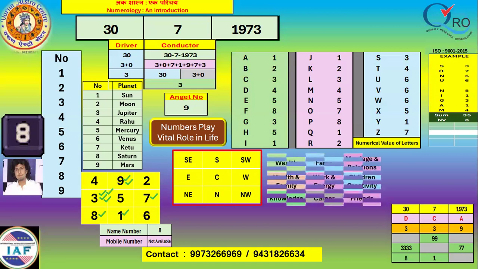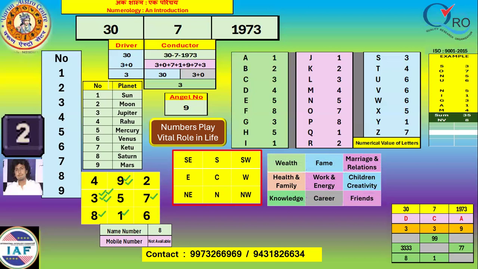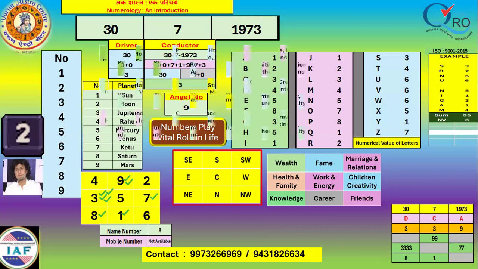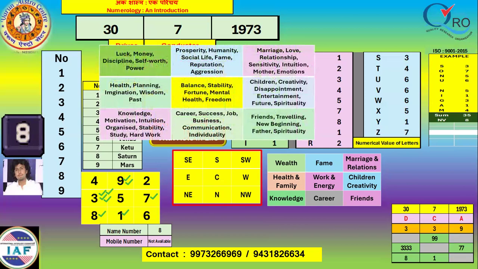Then what are the impacts of the missing numbers? This is very brief. The impact of the missing numbers will not be for all the impacts, but a few will be there.